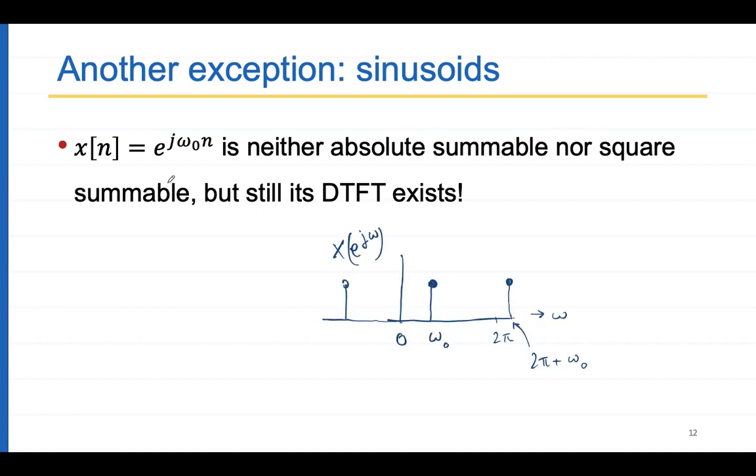Basically, the Fourier transform is a delta function, right? It peaks at omega naught, 2 pi plus omega naught, minus 2 pi plus omega naught, and in all the periodic windows. So this is another example where the DTFT exists even if absolute summability is not obeyed, and not even square summability is obeyed.